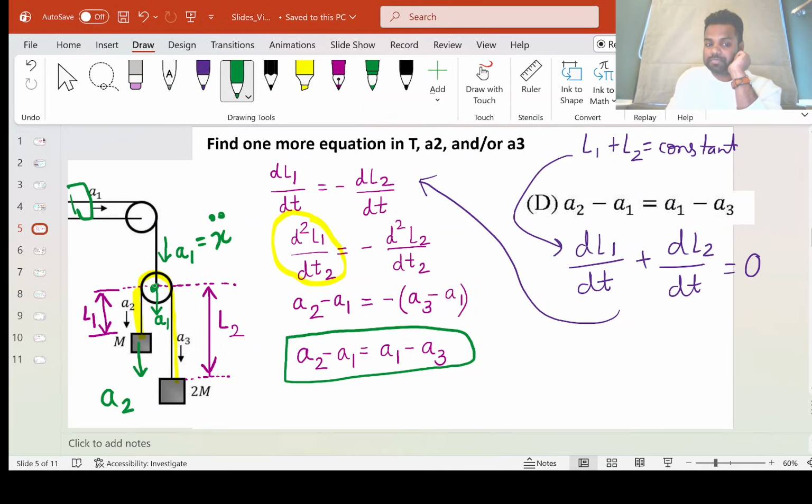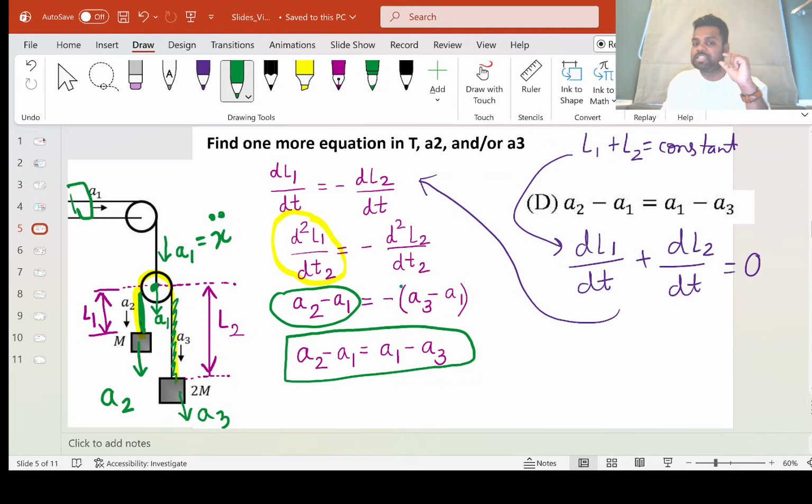The difference a2 minus a1 will tell you the acceleration of expansion of this side of the rope. And the other side, this is a3, so that will be a3 minus a1, negative. So you get a2 minus a1 equal to a1 minus a3.